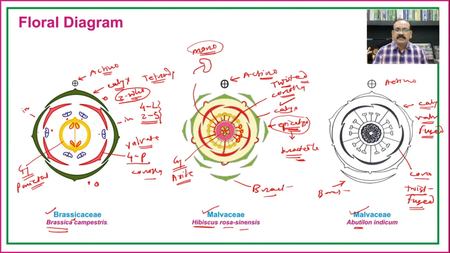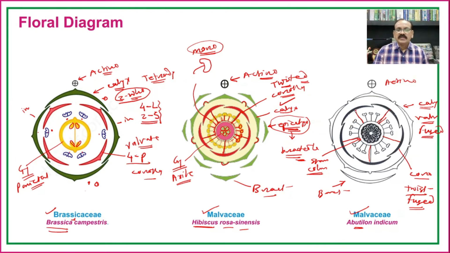And again here also there is a presence of staminal column, so monadelphous condition is present. All the stamens are fused together forming one bundle, and this staminal column is again attached to the petals, that is epipetalous condition.